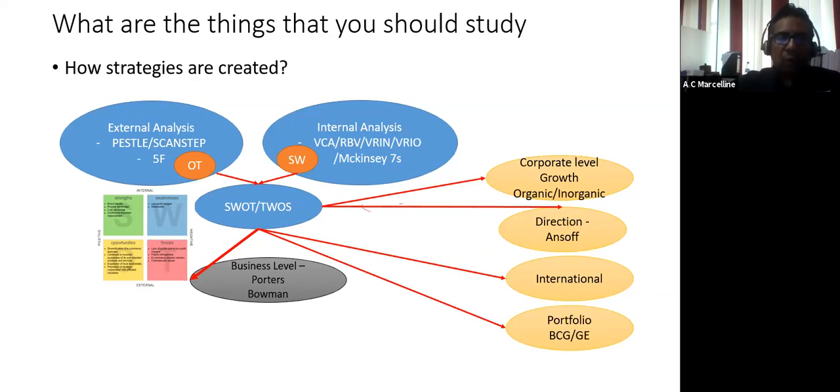Now, once you finish that, you need to go and do an evaluation. Once you select a strategy, you need to work on an evaluation. Evaluation could be based on suitability, acceptability, feasibility, and I saw in the case where they're asking a question about the feasibility on one of the areas.